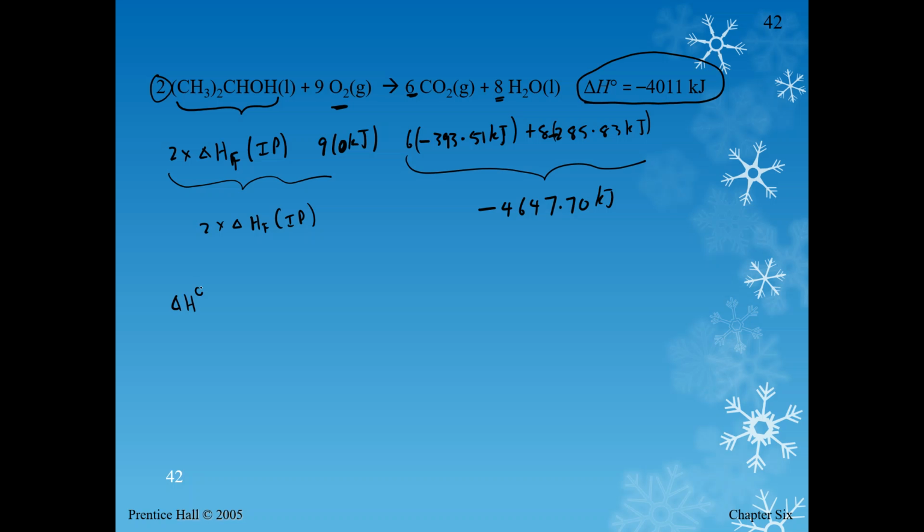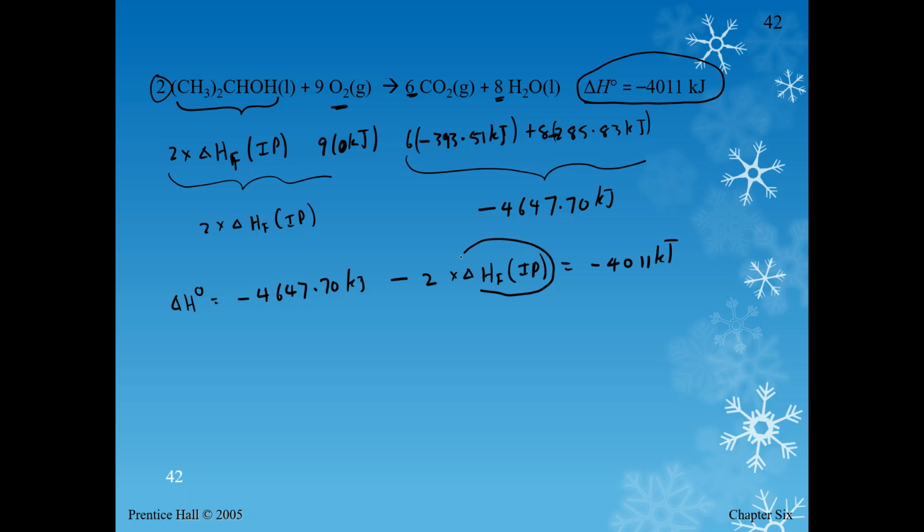So remember now, delta H for the reaction would be equal to the sum of the enthalpy of the products, which is, in this case, minus 4,647.70 kilojoules, minus 2 times the enthalpy of formation of isopropyl alcohol, which would be equal to what is given here, which is minus 4011 kilojoules. And basically from here, it's algebra. We have to solve for this.